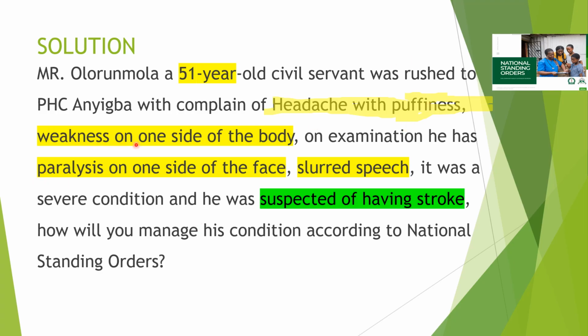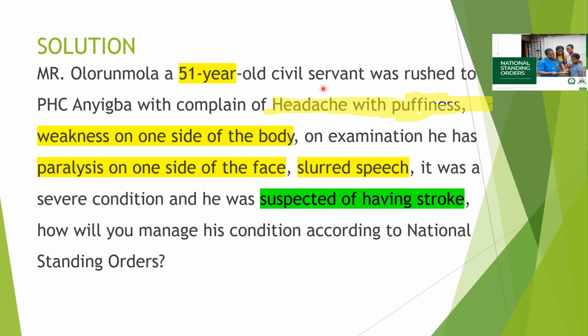Then the next thing is weakness on one side of the body. On examination, he has paralysis on one side of the face, slurred speech. It was a severe condition and he was suspected of having stroke. So these are the key statements that will tell us the area to look out for.